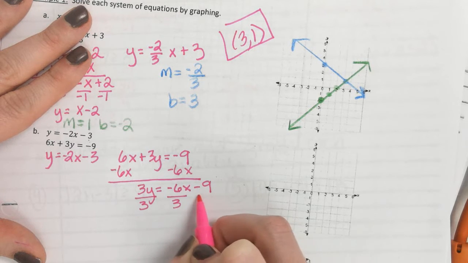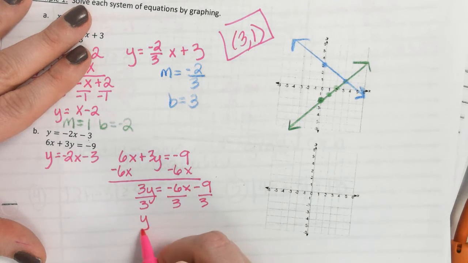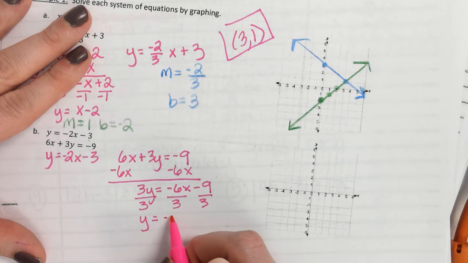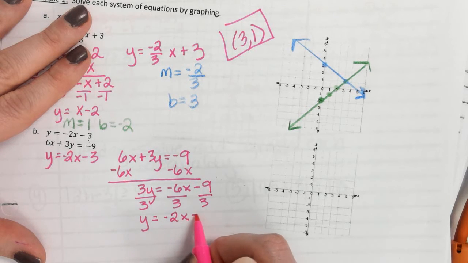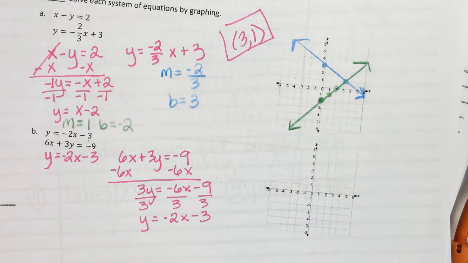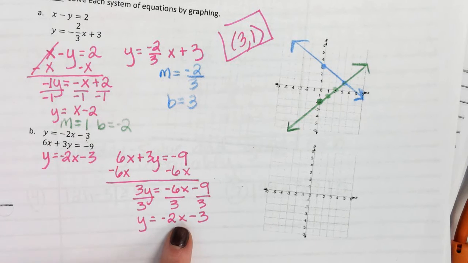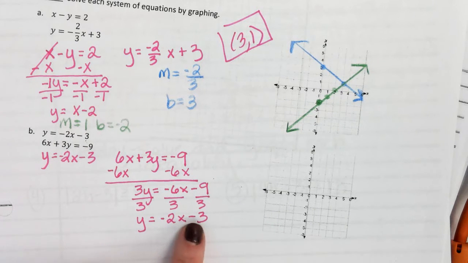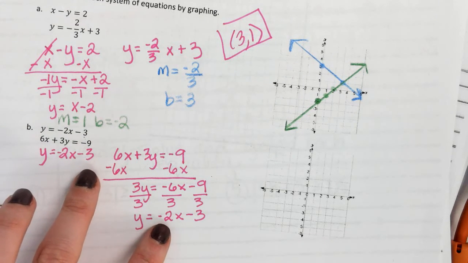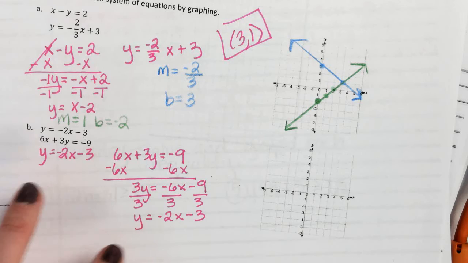So what do you notice happened on this one? It's the exact same equation. First equation is y equals negative 2x minus 3. The second one, once I got it in slope-intercept form, y equals negative 2x minus 3. So from that, you should already be able to tell what your answer is going to be.